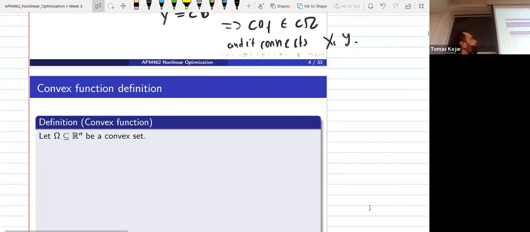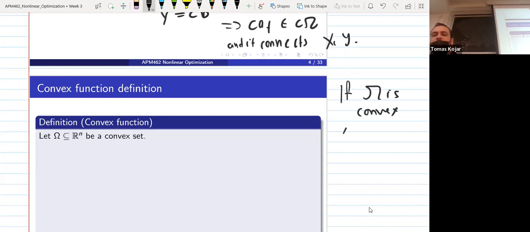Anything you can say for convex sets, you can say for convex functions. Because here's the following fact, which I didn't write, probably should have. If omega is convex, then the indicator function f of x equal to 1 over omega of x is convex.